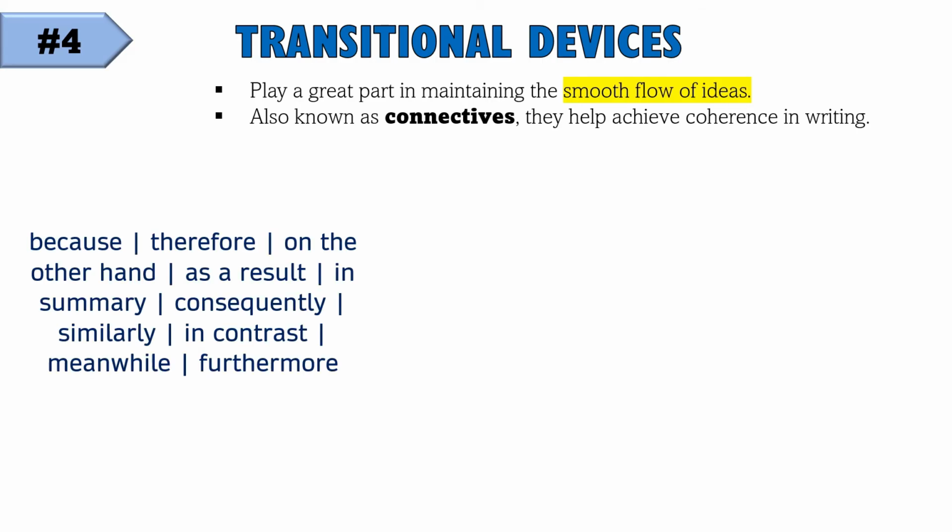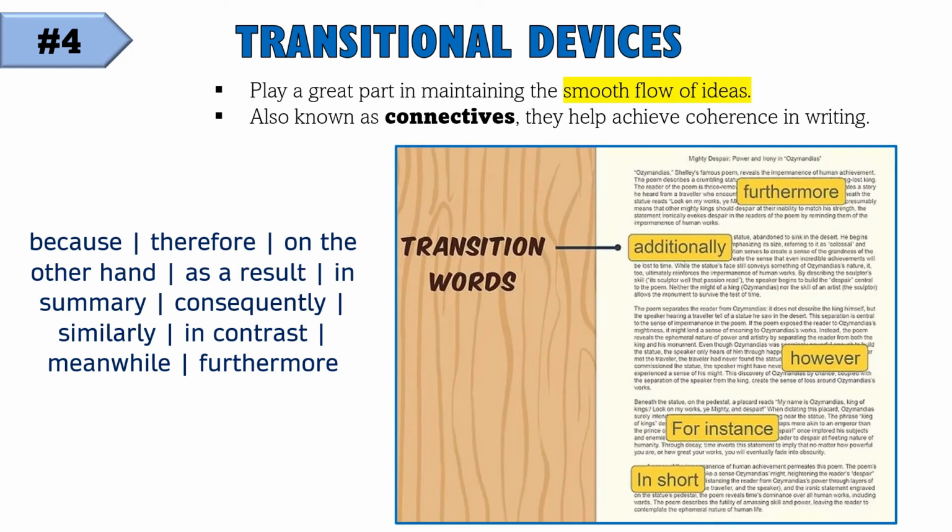Examples are because, therefore, on the other hand, as a result, in summary, consequently, similarly, in contrast, meanwhile, furthermore. In this sample essay, the highlighted words are the transitional devices used to help in making the ideas flow smoothly.